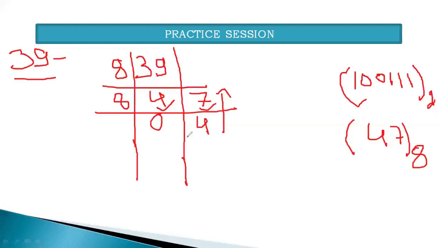We have to continue our calculation till we get 0 as the final quotient. When we got 0 as the final quotient, we got the output of the entire conversion, and that is 47. Just like the binary number system, we note it down from bottom to up, and we got the answer 47. 47 is the octal number of 39.